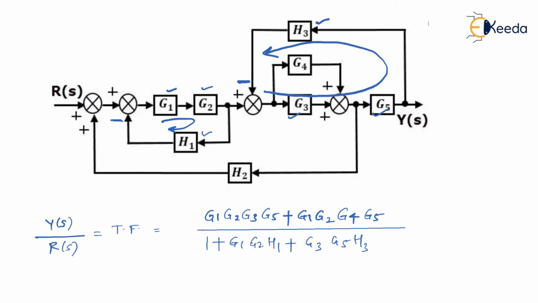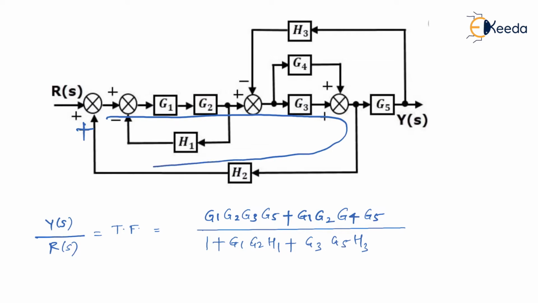Am I right? First of all, I'll remove all the marked loops. Now you can take this bigger loop. If you look at this, there is a positive feedback over here, and this whole loop is this one. Am I right? When you are traveling through this loop, what you get first is G1, then G2, then G3, and then back, you get H2.